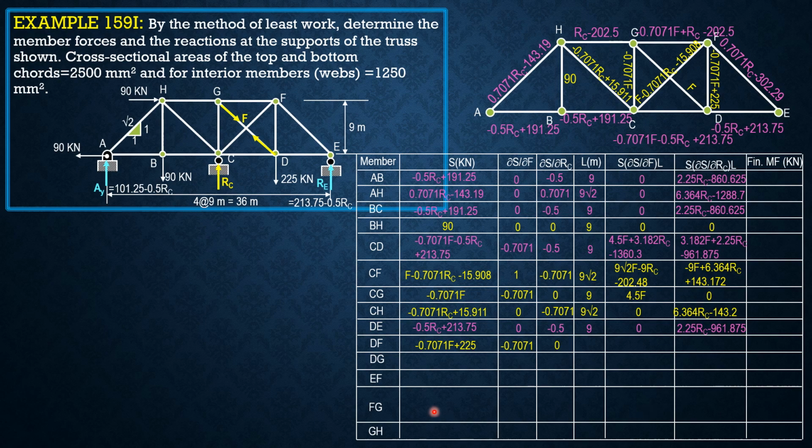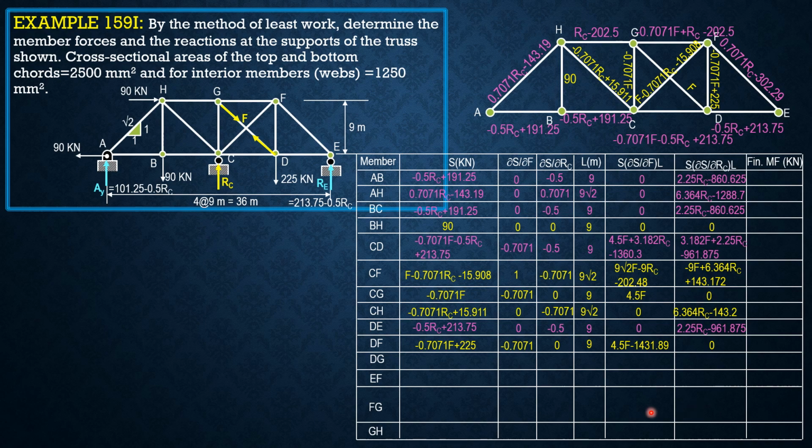FG, 0.7071 F plus RC minus 202.5. So negative 0.7071, 1. Length of FG is 9. So there is product here as well as here.